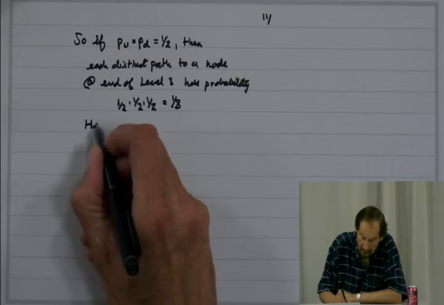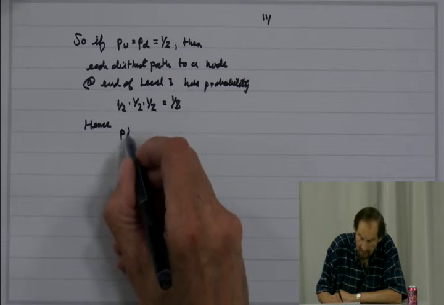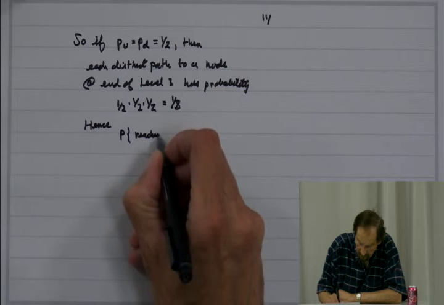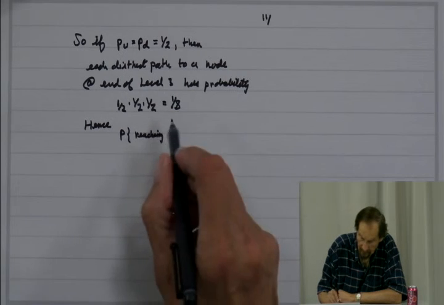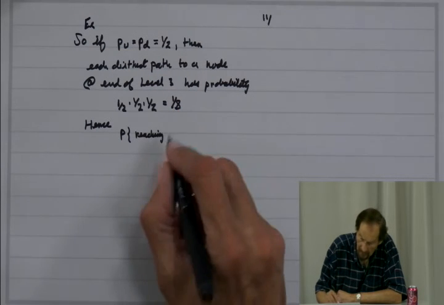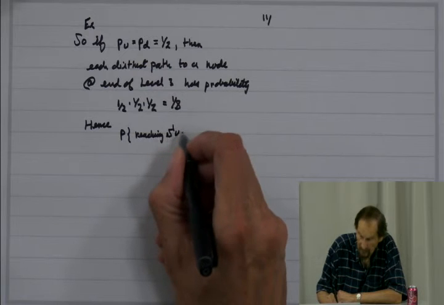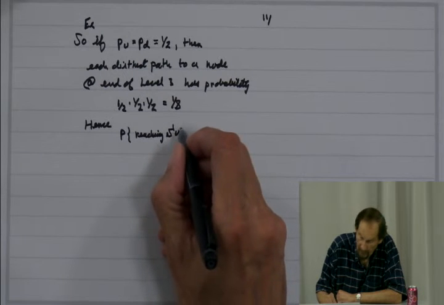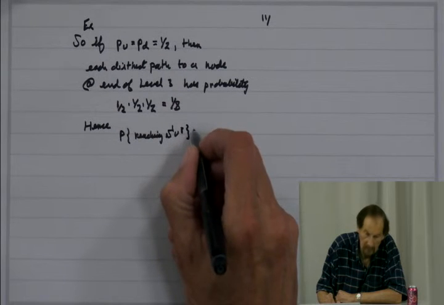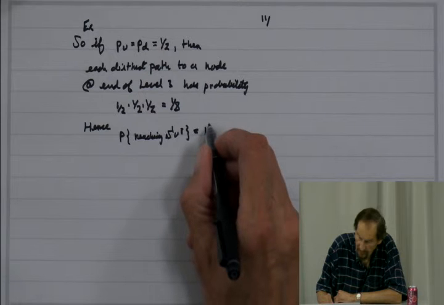Hence, the probability of reaching, as an example, S u cubed equals 1 times 1/8.